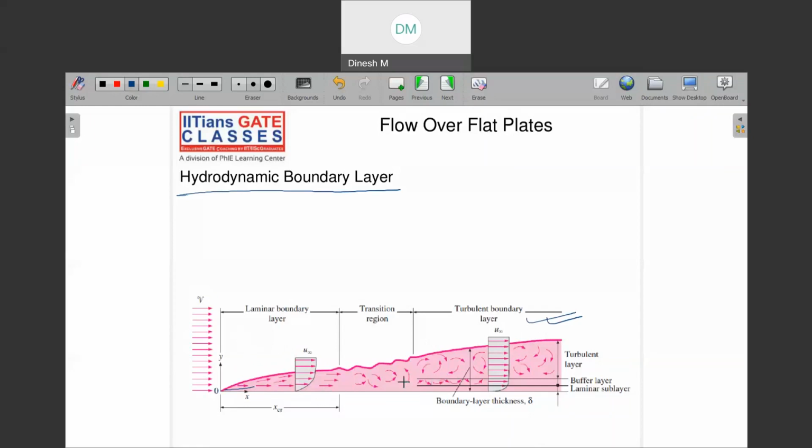So if it keeps on reducing its velocity, that means the effect of velocity due to the no slip condition, the gradient which I was feeling earlier here, this effect will be felt at higher distance in the direction of flow. So then I can see that with the increase in the length in the direction of flow, my velocity boundary layer is increasing simultaneously.